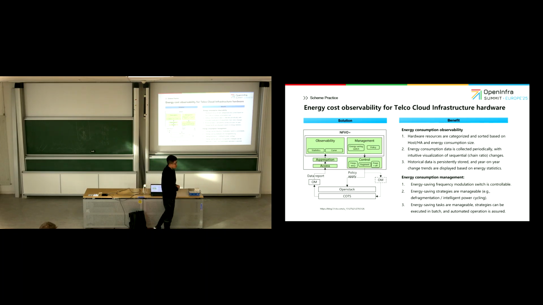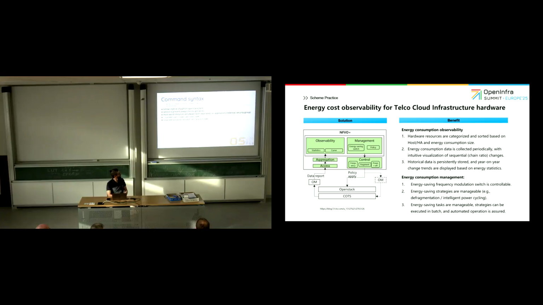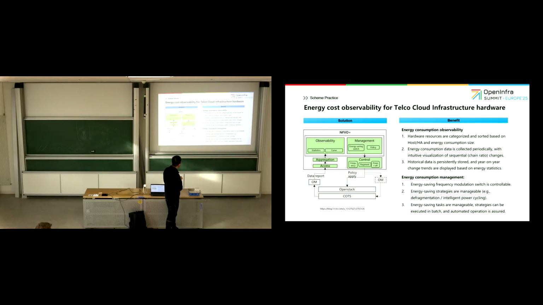So with the metrics reported by the CPU, you have the brain to control the business-level power saving, and you have a place to observe them. We first calculate and sort the hardware based on our rules and sizes, and then we collect two kinds of data.